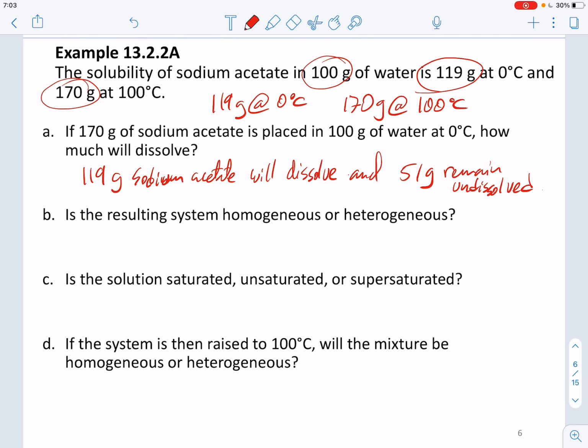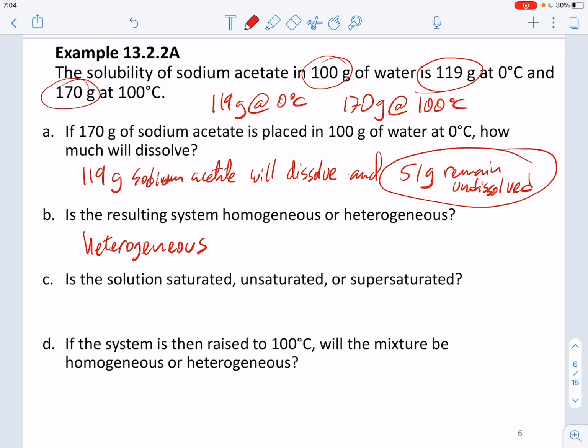Okay, now, is the resulting system homogeneous or heterogeneous? Well, if you have some of the solid that is undissolved, then you will have a solution and a solid. So you can distinguish between two components in that mixture. It's not just a solution, you have a solution on top of a solid. This is a heterogeneous system.